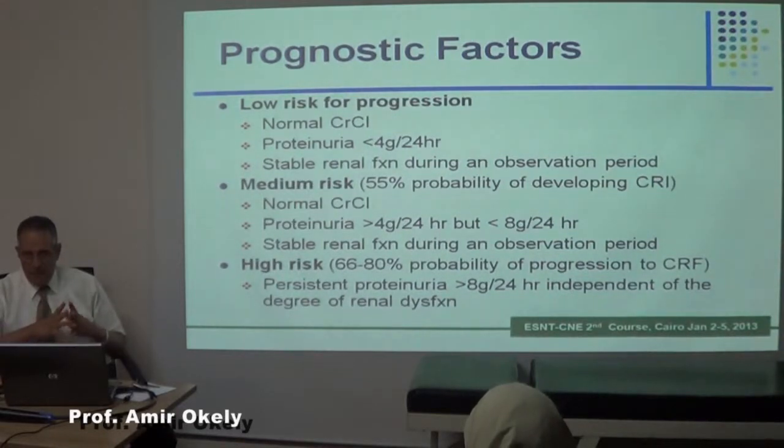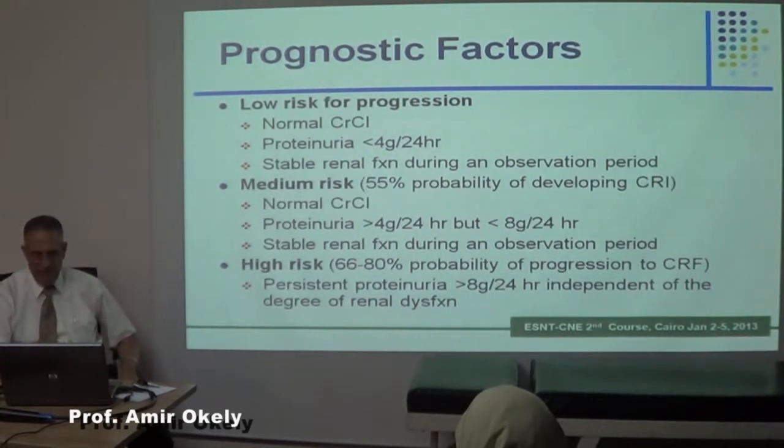Medium risk, defined by 55% probability of developing chronic renal insufficiency, normal creatinine clearance, proteinuria more than 4 grams per 24 hours but less than 8 grams, and stable renal function during an observational period. And finally, the high risk group, 66 to 80% probability of progression to chronic renal failure, and persistent proteinuria more than 8 grams per 24 hours, independent of the degree of renal function.